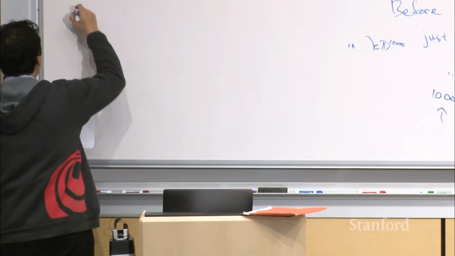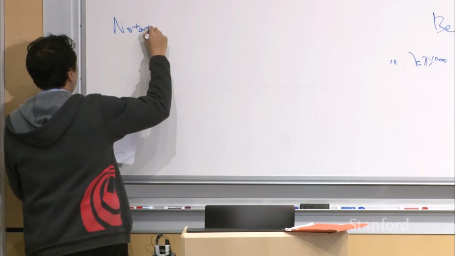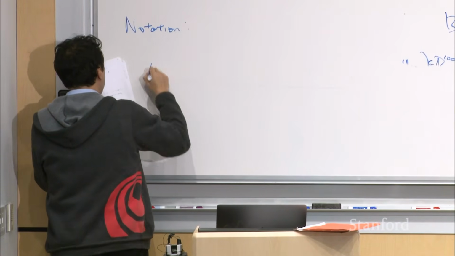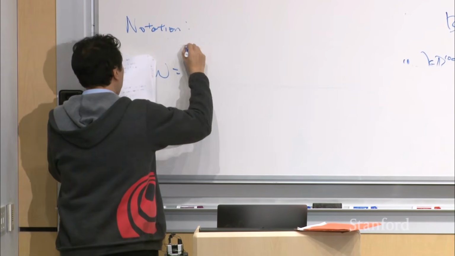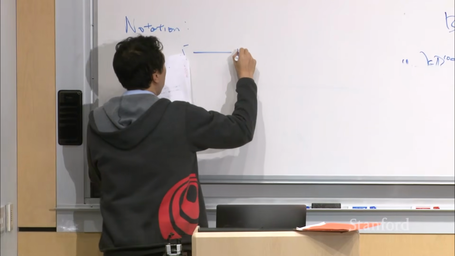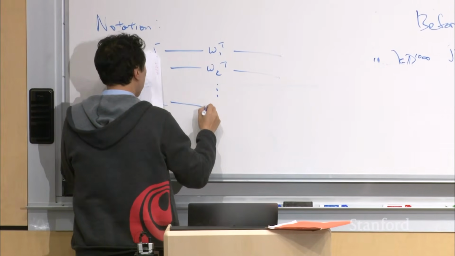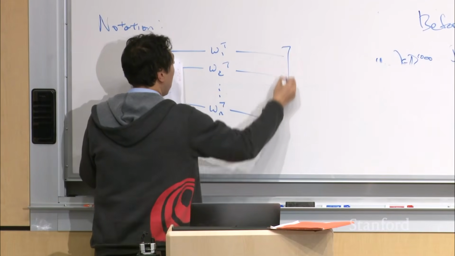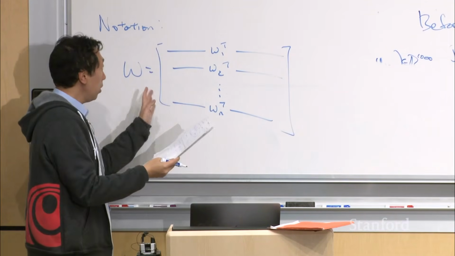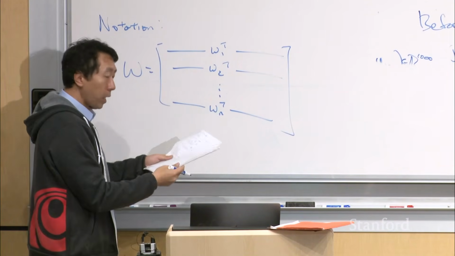And the notation is that the matrix W, I'm going to write as follows. I'm going to write the rows of W using this lowercase.